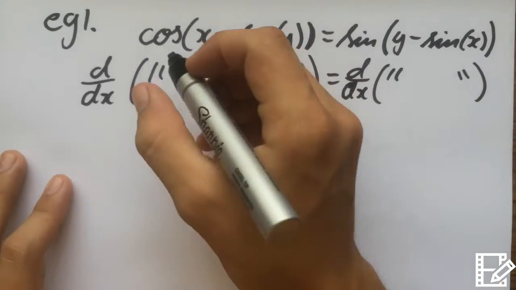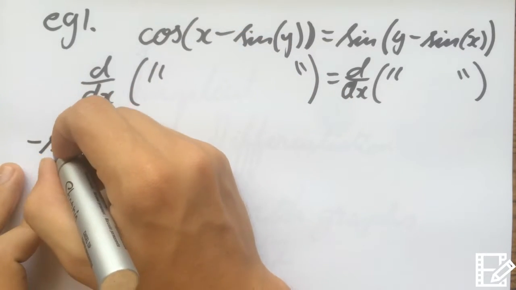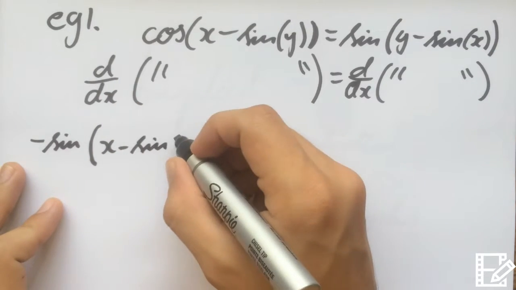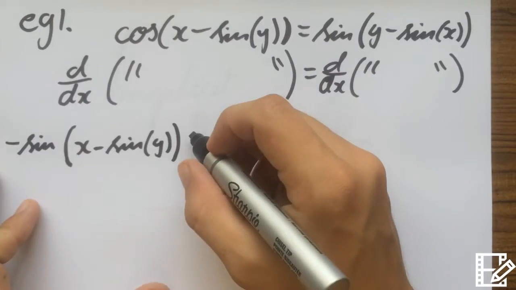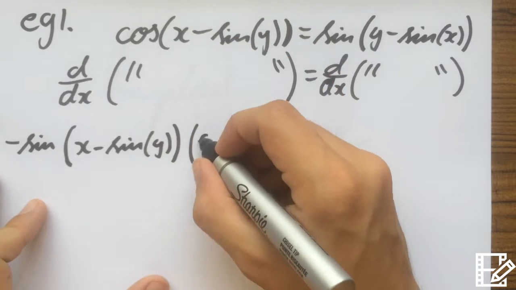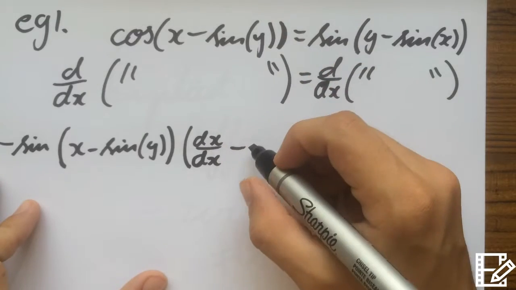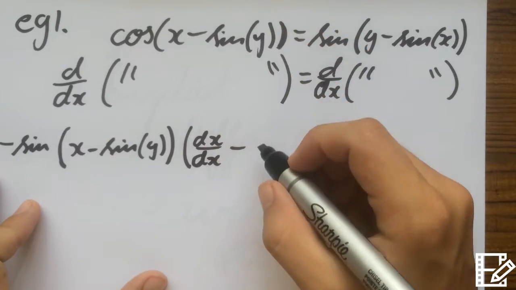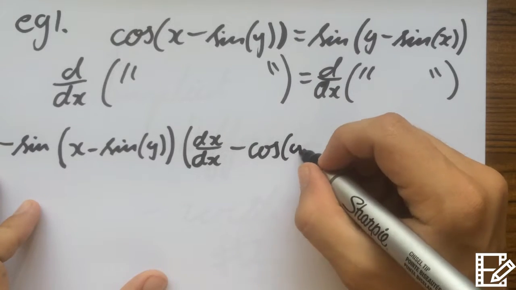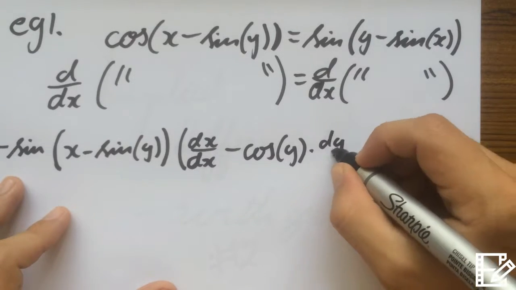Okay, so let's find the derivative using the chain rule. The derivative of the outside of this one is negative sine. The inside stays the same. And then we multiply it by the derivative of the inside. Derivative of x is just dx on dx, goes back to x minus sine y, and the derivative of sine y is cos y multiplied by the derivative of y.